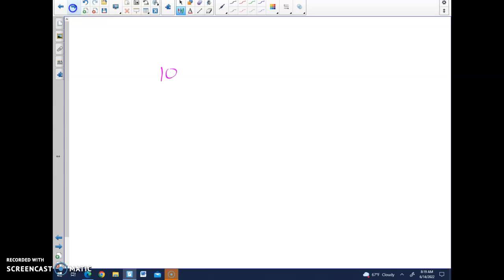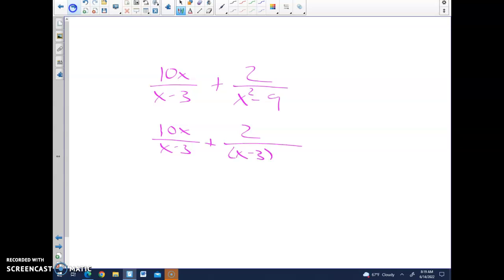Here, 10x over x minus 3 plus 2 over x squared minus 9. So here you need to create the common denominator. You don't have it right now. I'm going to start by factoring the bottom here. And what I need to recognize is I have an x minus 3 in both spots, but not an x plus 3.